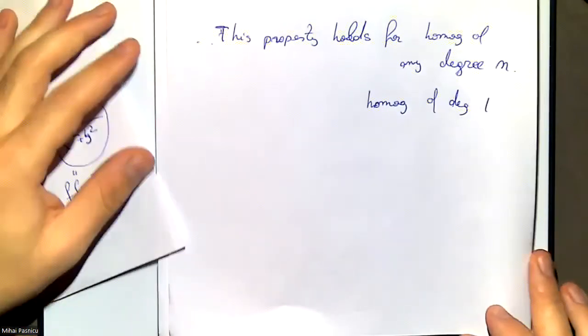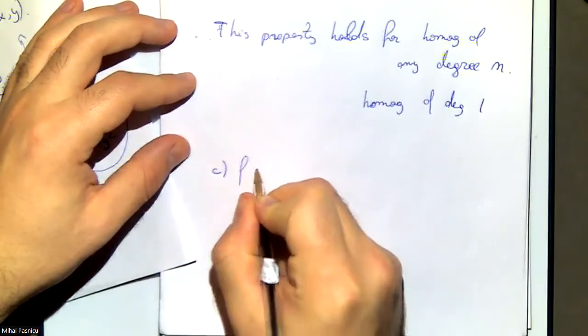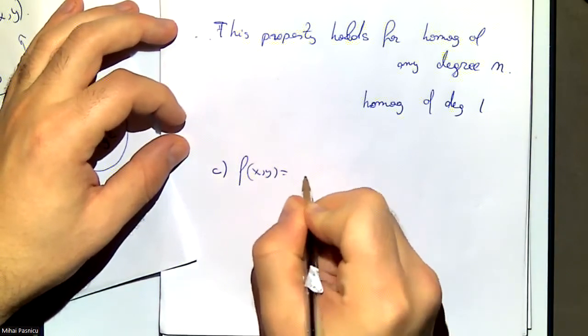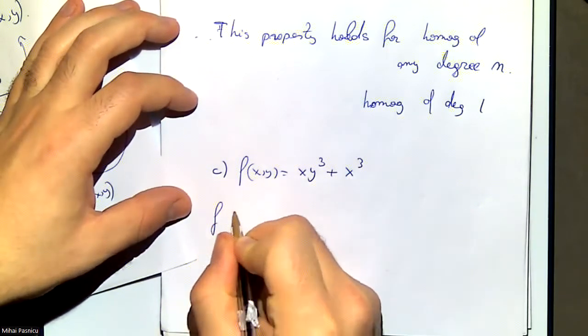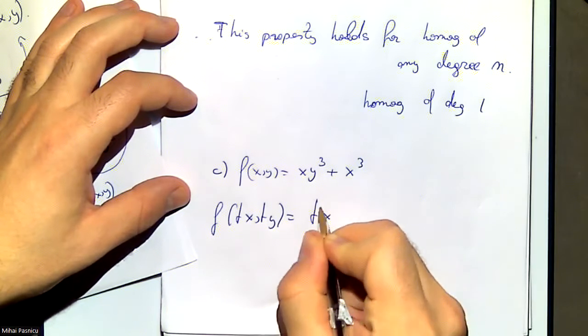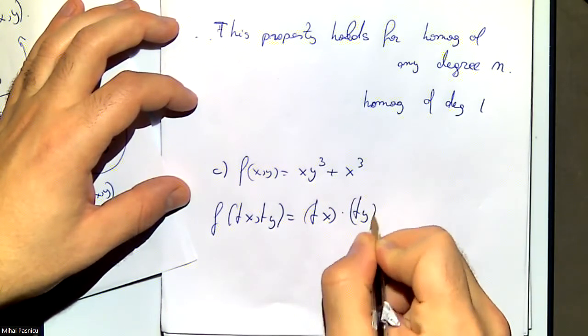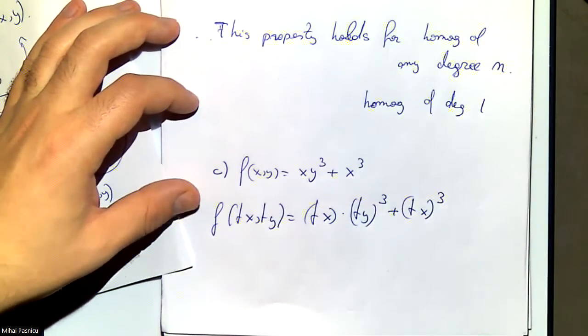Hope that makes sense. And then point C, that's again f of x, y is equal to xy to the third plus x to the third. I'm just gonna slap a t here, and I get tx times ty, everything to the third, plus tx, everything to the third.